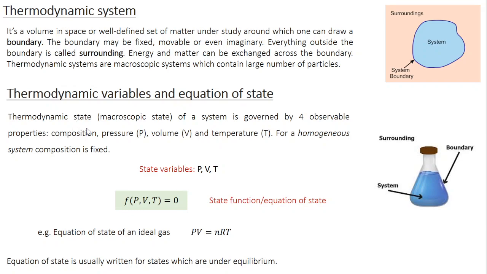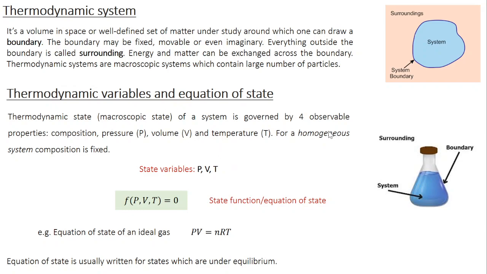The typically used thermodynamic variables are composition, pressure, volume, and temperature. So using these 4 parameters, you can characterize a thermodynamic state. When I say state, I am exclusively meaning macroscopic state, because you can also have a microscopic state, but that is the realm of statistical mechanics.